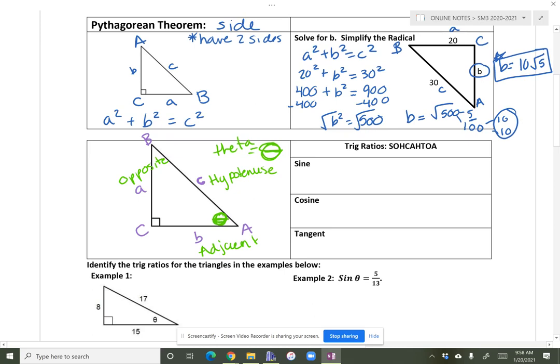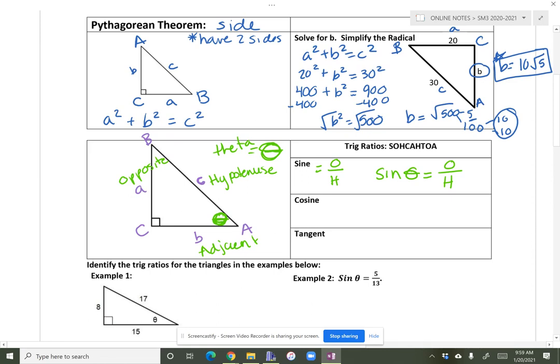If we remember, sine equals O over H, and it would be written sine of theta equals opposite over hypotenuse. On this one, it would be little a over c.